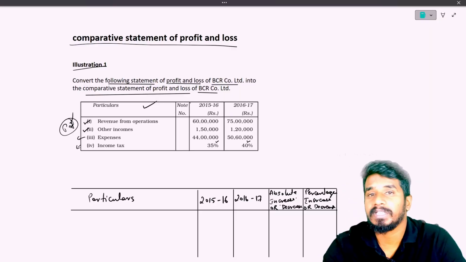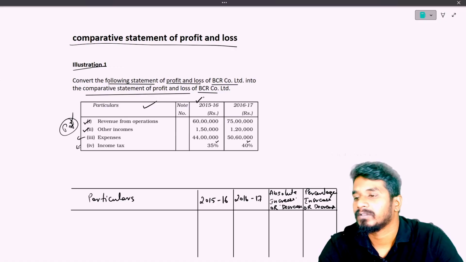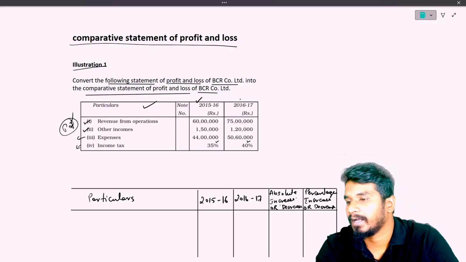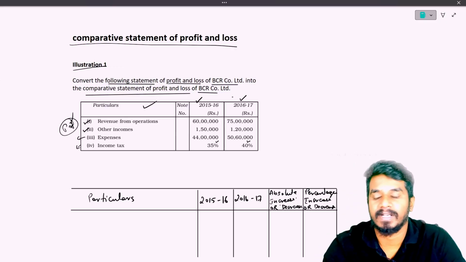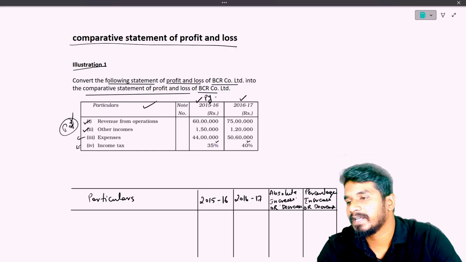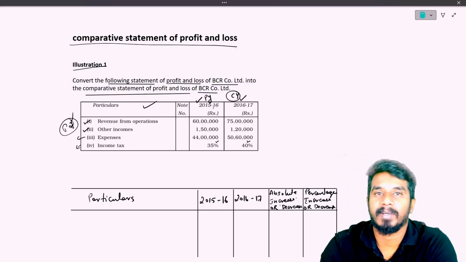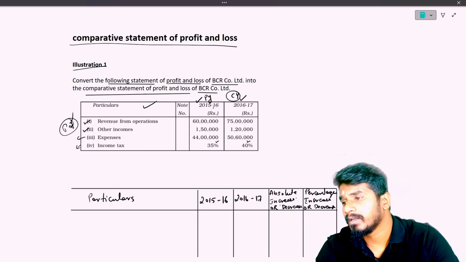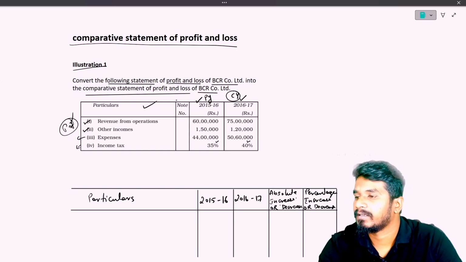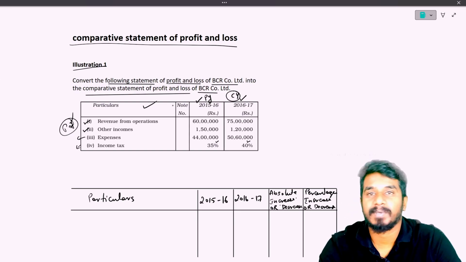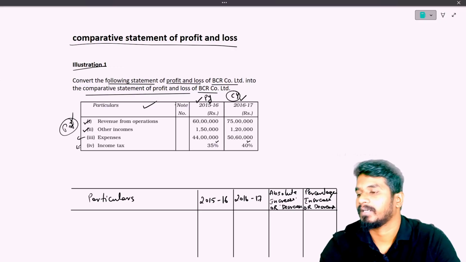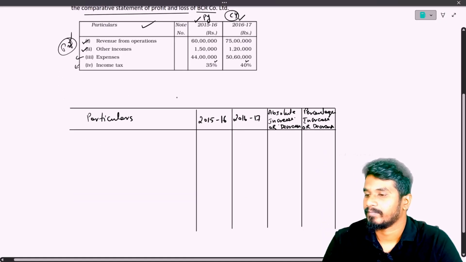They have given 2 years data. One is 2015-16 and another is 16-17. So this is previous year data and this is current year data. You need to remember these things, right? So let us prepare the comparative statement of profit and loss.